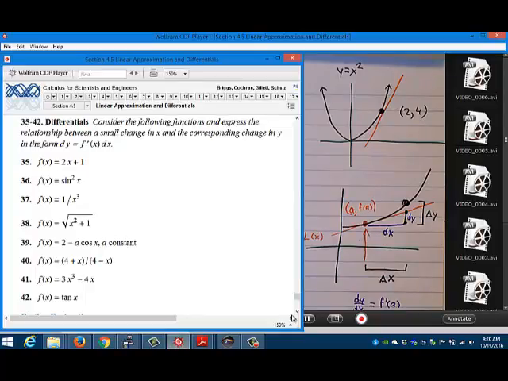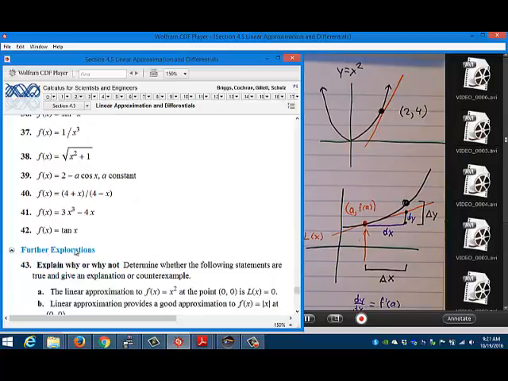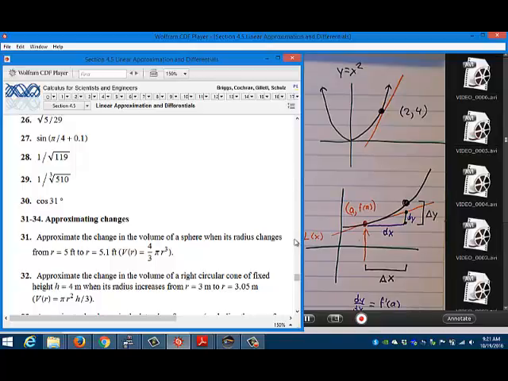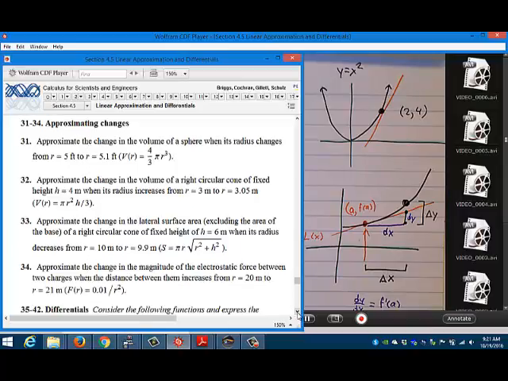All right, maybe one last example. Oh, this is kind of nice. Approximating changes. Let's do 34. 34 says, approximate the change in the magnitude of the electrostatic force between two charges. So R here is the charge. 20 m. Wonder what m is.